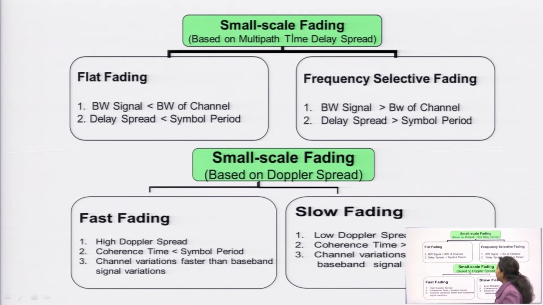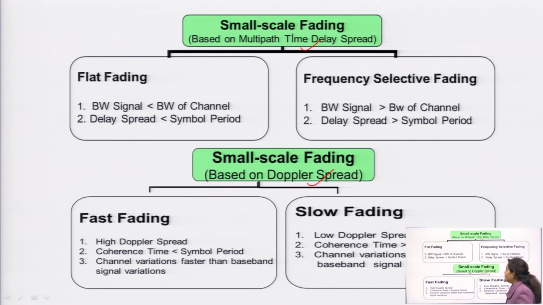Small scale fading, I have told you, is of 4 different types: flat fading, frequency selective, fast and slow fading, based on the multipath time delay spread and the Doppler spread. Doppler spread and multipath time delay spread are different. In multipath propagation, we consider that the receiver is not moving. In Doppler spread, we consider that the receiver is moving.